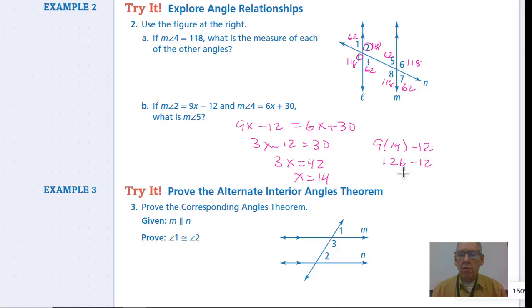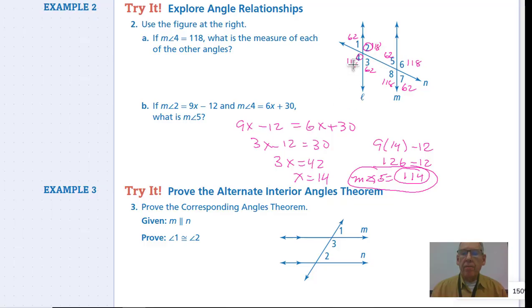Take away 12 gives us 114. So the measure of angle 5 is 114 because angle 5 and angle 2 are supplementary since they are same side interior angles.